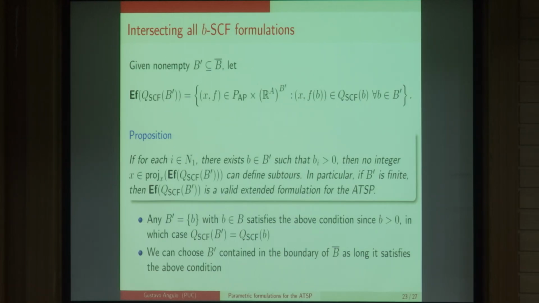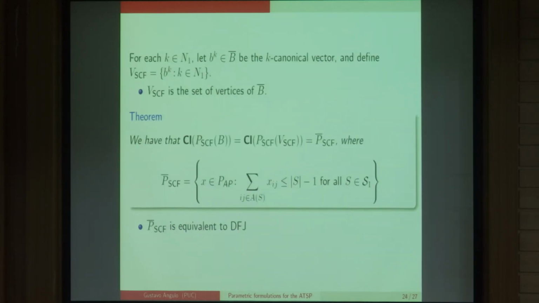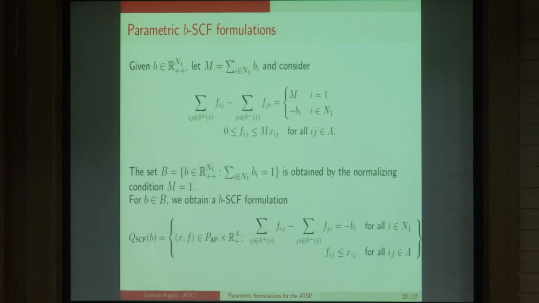Okay, and that will give us a valid extended formulation, hopefully with a finite number of variables and constraints. In this case, to get a regular extended formulation, we consider the canonical vectors, one per element in B bar. In this case, notice that B bar is basically the simplex, right? We have non-negative entries summing up to 1.